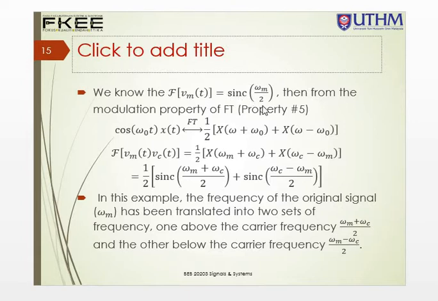And then from the modulation property, we have cos(ω0 t) x(t) gives half of X(ω + ω0) plus X(ω − ω0). So the Fourier transform of the multiplication of Vm and Vc, you will get this one.